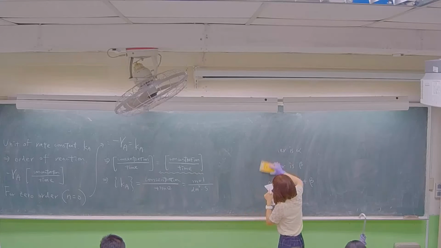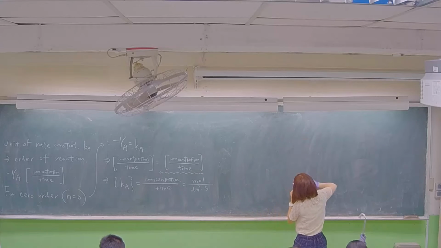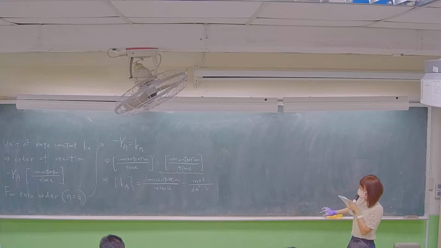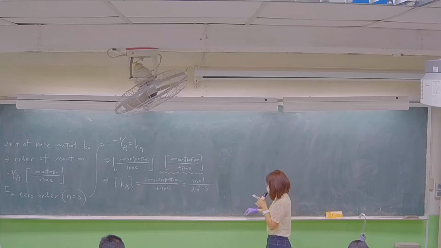So if you see in the problem that the unit of Ka is concentration over time, then that is zero order.